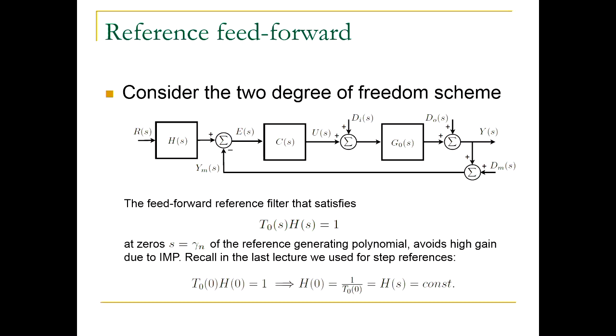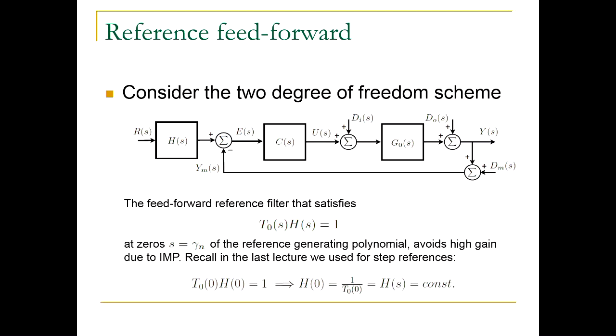You can generalize that by requiring that the filter that you include here doesn't have to be just a constant signal. In the case of step references, we used constant gain to make zero steady state error. But in general, you can use a filter that's not constant, but then you need to satisfy that complementary sensitivity times the filter is equal to 1 at zeros of the reference generating polynomial.